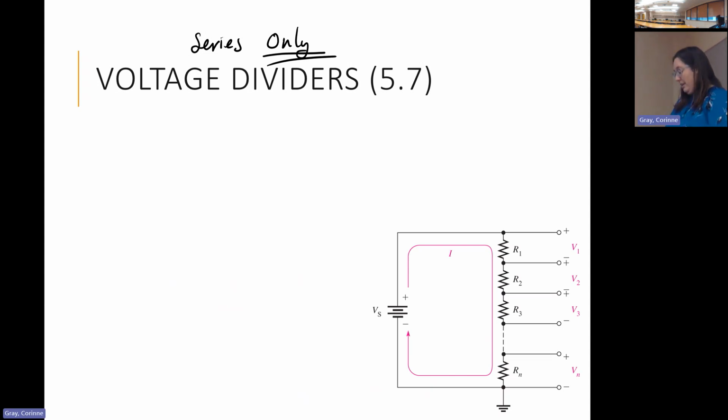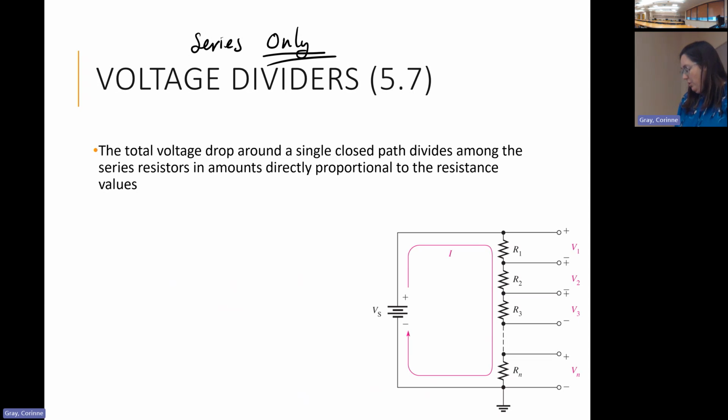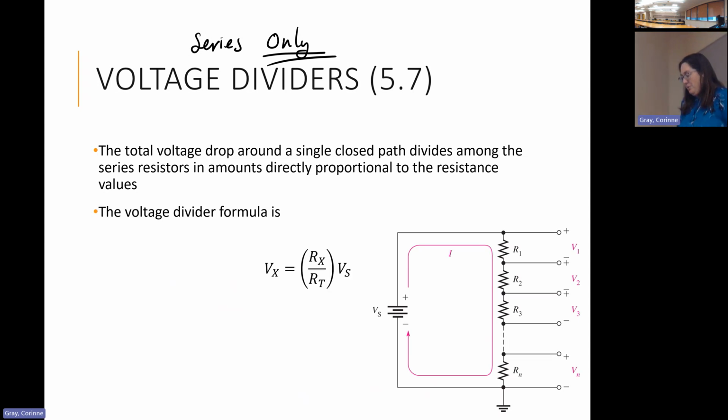So series only. So here we have an example for that. Here's its definition. Here's the equation that we have. So we have Vx is equal to Rx over RT times Vs. How this equation is written out is explicitly for when we just have stuff in series.